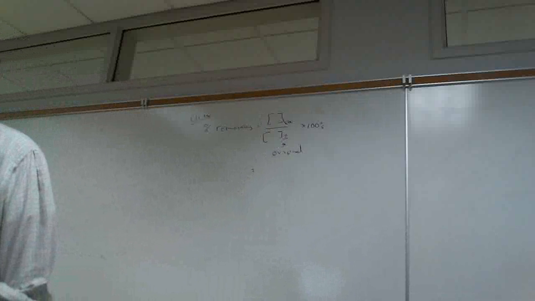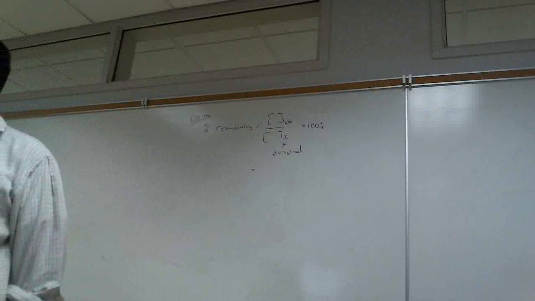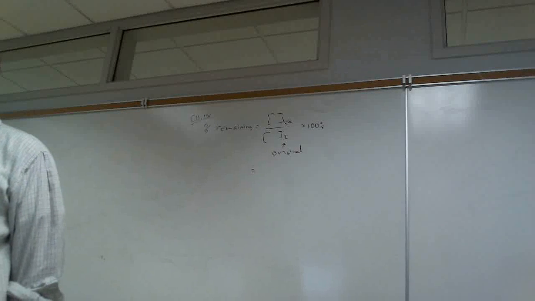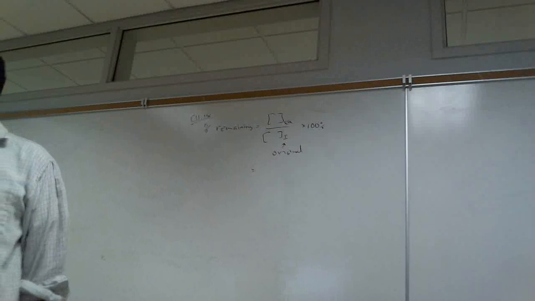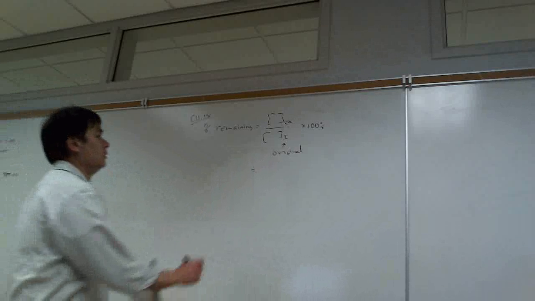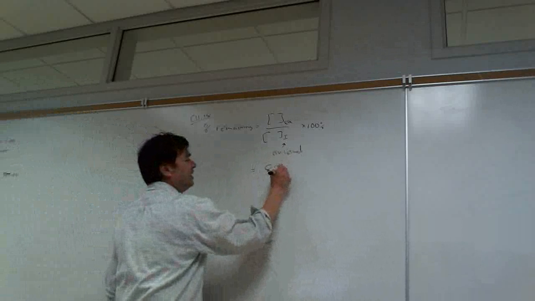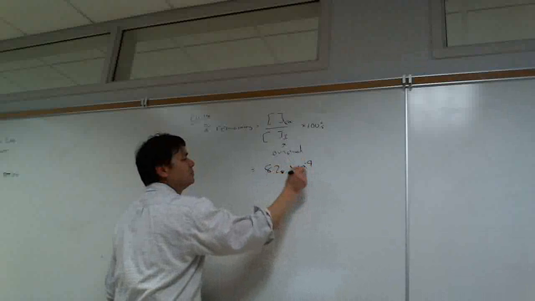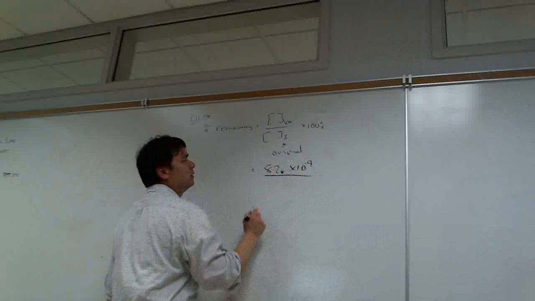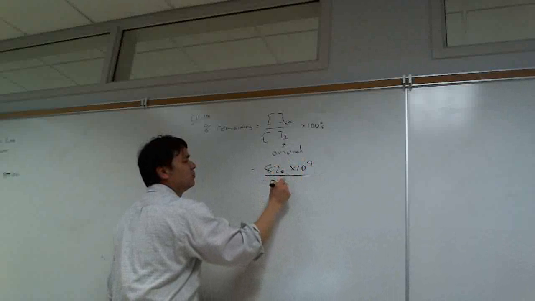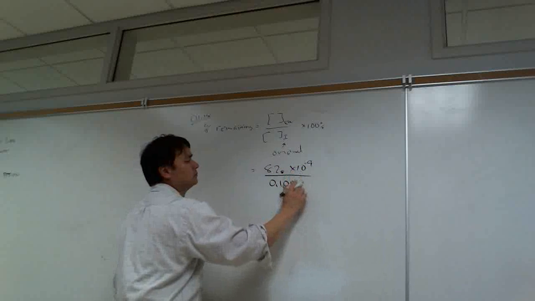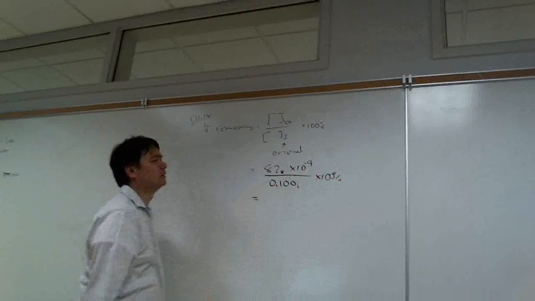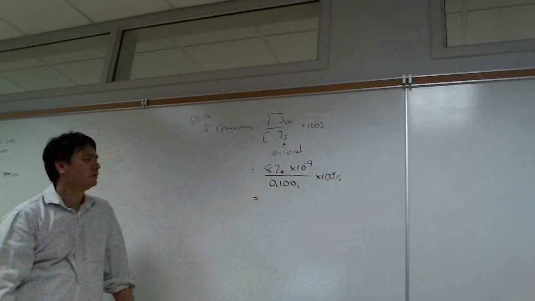How much calcium did we have at equilibrium? 8.28 times 10 to the negative 9. That's the molarity at equilibrium, and the initial we had is 0.100 times 100%, which means what does this come out to?